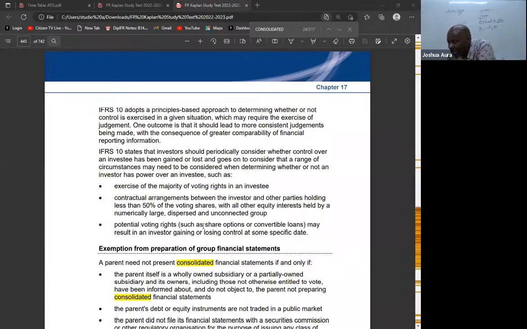Potential voting rights, such as share options or convertible loans, may result in an investor gaining or losing control at some specific date. I would want to be very clear, because this is very confusing.